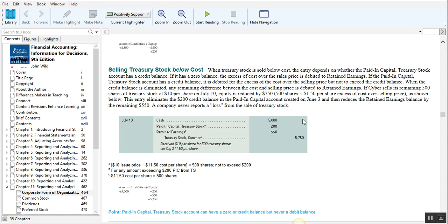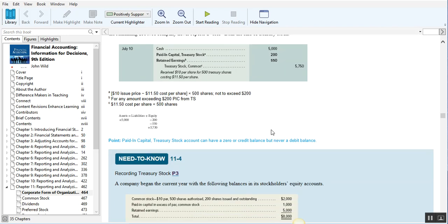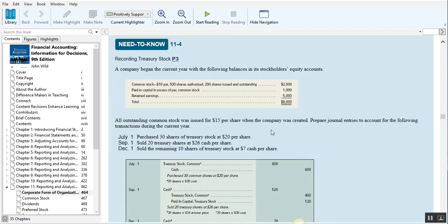If we do, then you're going to have a paid in capital debit that will reduce the value of that treasury stock. And by the way, once you purchase treasury stock and you sell it, you're going to record paid in capital specifically for treasury stock. You're not going to mix treasury stock and common stock. Okay.